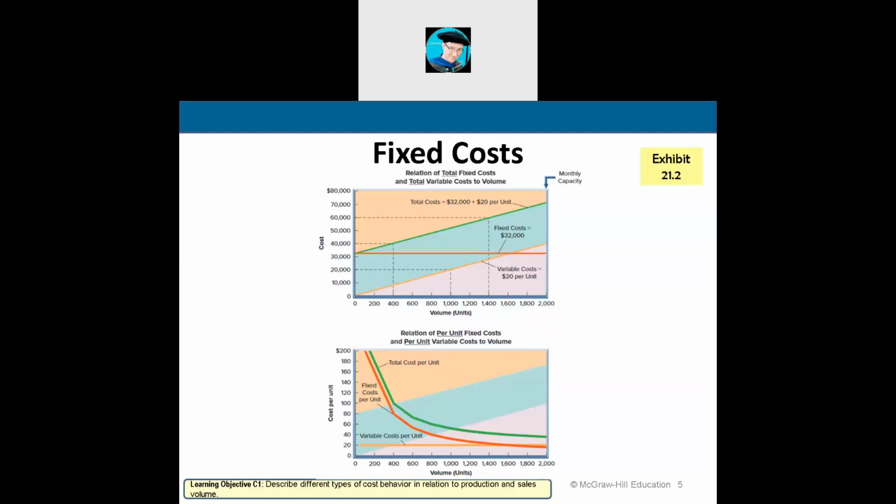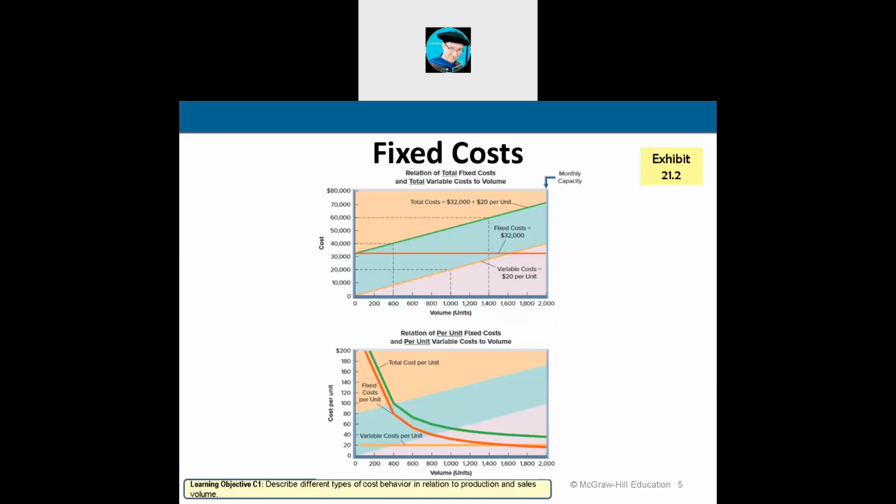This is represented by the dark orange or red line, downward sloping to the right, which means that the more units I produce, my fixed cost per unit decreases.